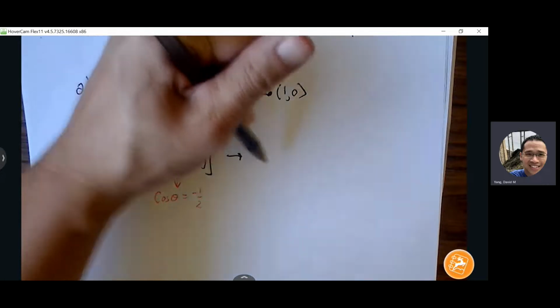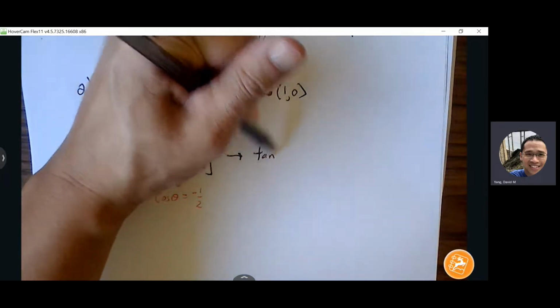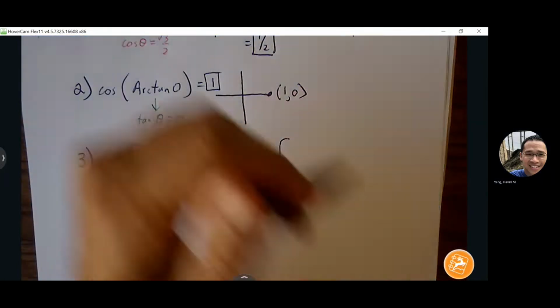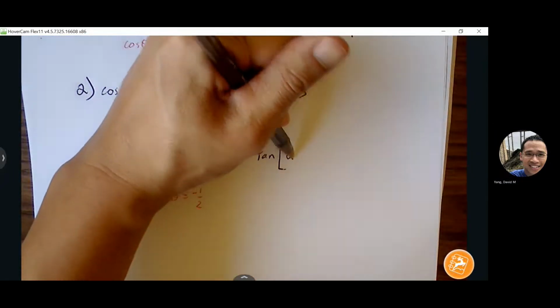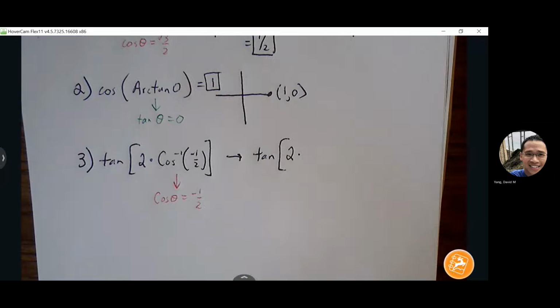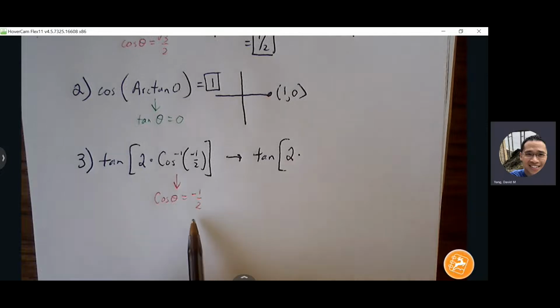So in other words, is tangent of two times 2 pi over 3.